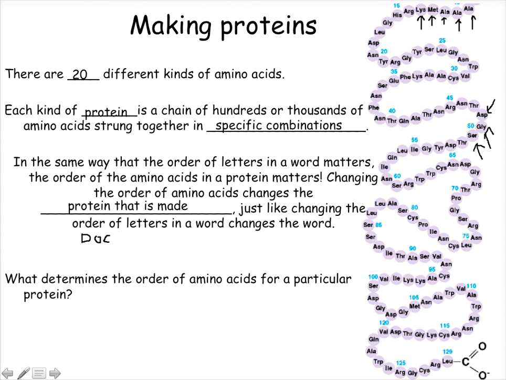Changing the order of the letters would change the actual word. So here, if I flip the first and the third letter, even though I'm using all the same letters, the order matters. These two words have different meanings and will change because of the simple change of the order of the letters. It actually changes the entire meaning of the word and potentially the entire meaning of the sentence.